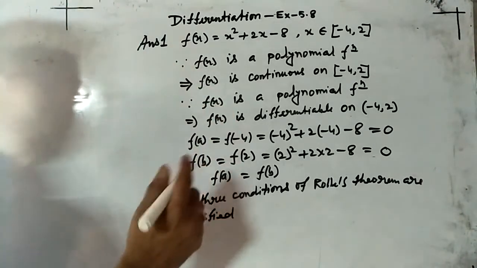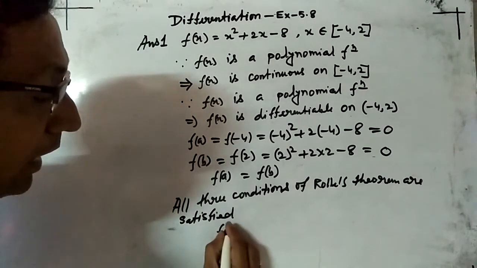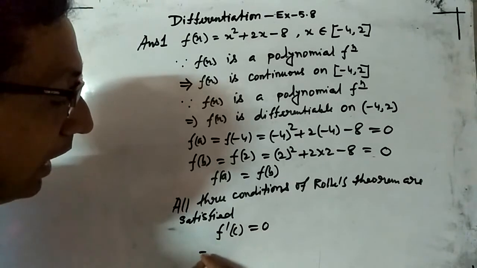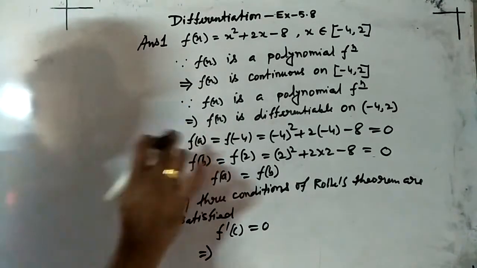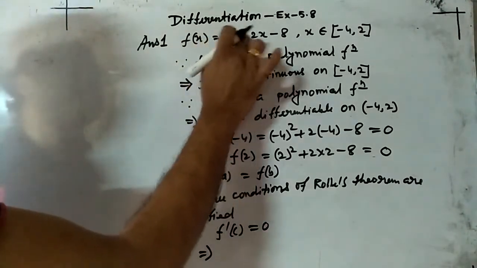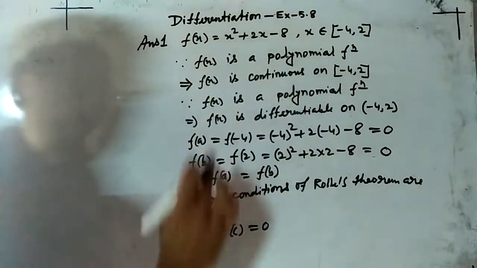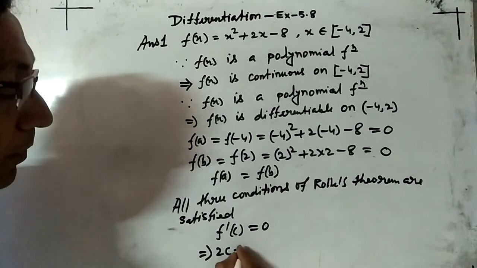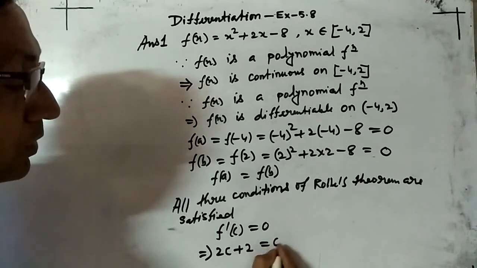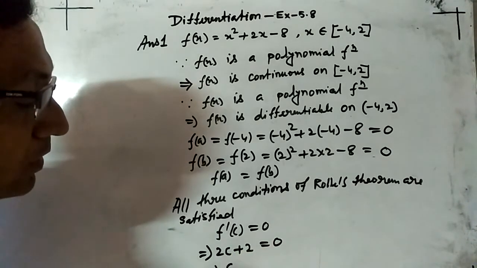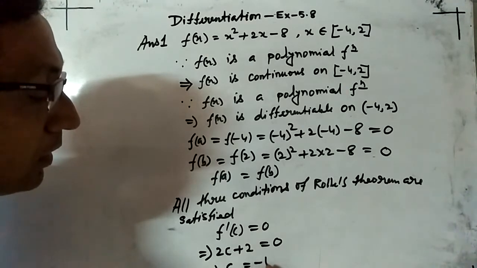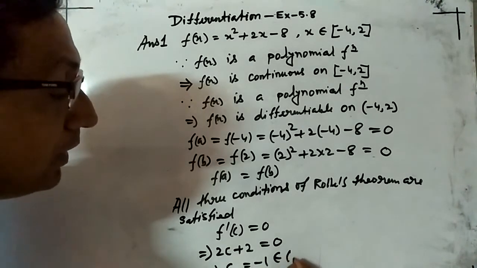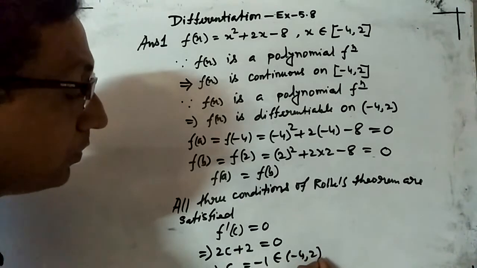If all three conditions are satisfied, then f dash c equals 0. f dash x equals 2x plus 2, so f dash c will be 2c plus 2, which equals 0. So c equals -1, and this belongs to open interval (-4, 2).